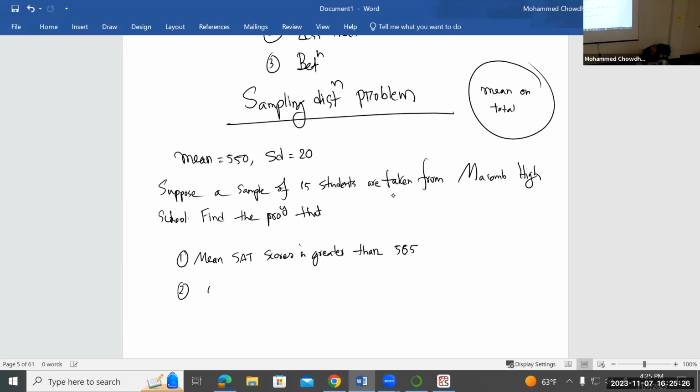Number two, mean SAT score is less than 560. Number three, mean SAT score lies between 545 and 555.